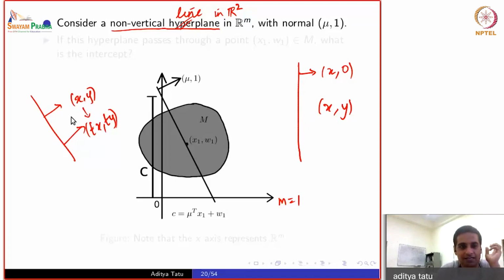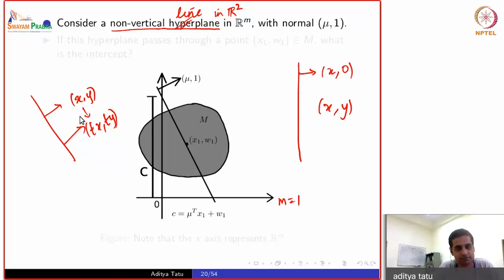By scaling a vector, it still remains a normal vector. It may not remain a unit vector, that's fine, but it is still normal to the same plane or line.